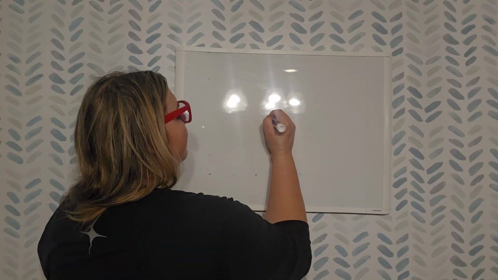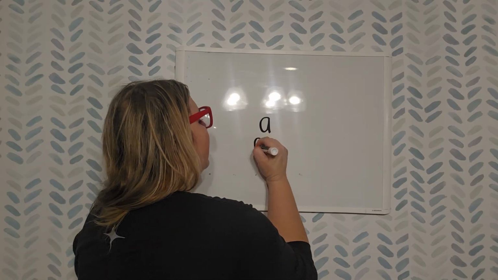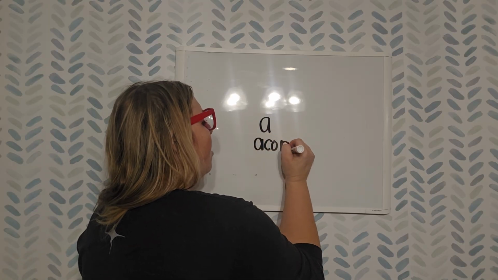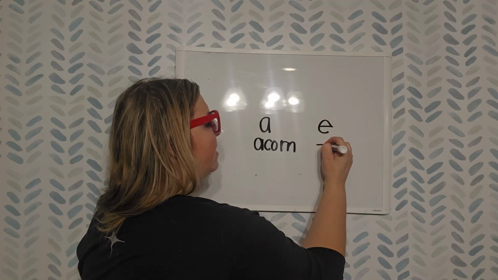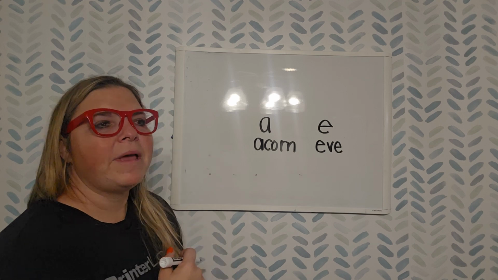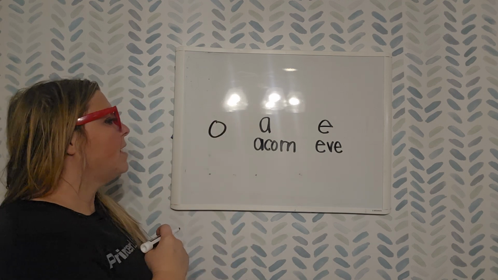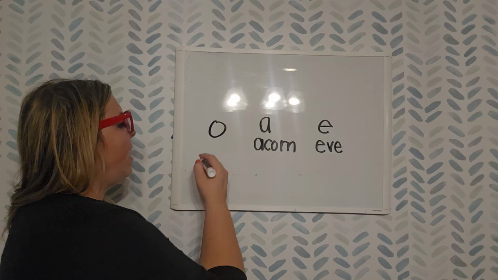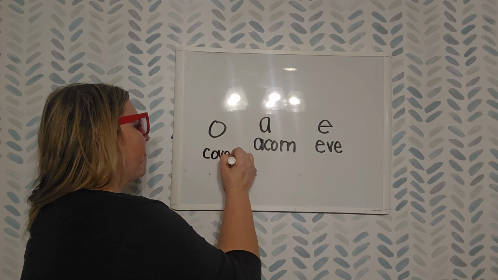We have learned that the long vowel sound for A is A as in acorn. We have learned that the long vowel sound for E is Eve, E as in Eve. We have learned that the long vowel sound for O is O as in the word cove.